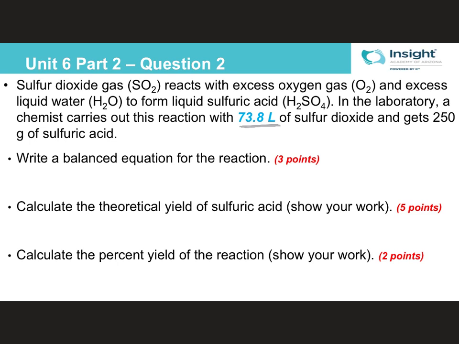So first things first, this one you got to balance. Read through your information carefully. We've got sulfur dioxide reacts with excess oxygen and water, so we've got 3 reactants: SO2 plus O2 plus H2O to form liquid sulfuric acid.